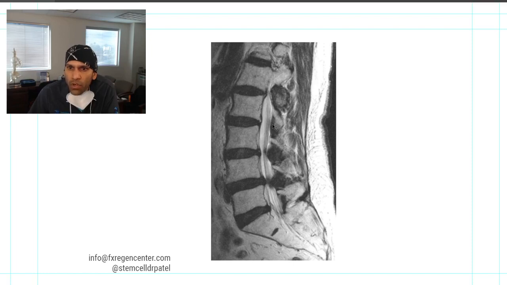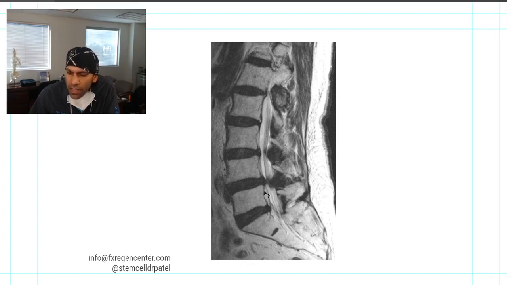So it's not encroaching on, or it's not getting into this central canal here. So there's plenty of room for the nerves to be traveling in this central canal over here. But as we get over here, you can see that this disc bulge is increasing, and that narrows the space for the central canal. And the same thing occurs over here. In fact, it's much more narrow over here.